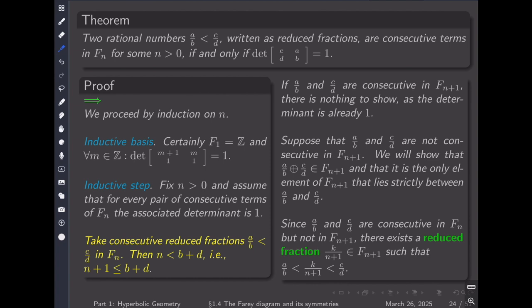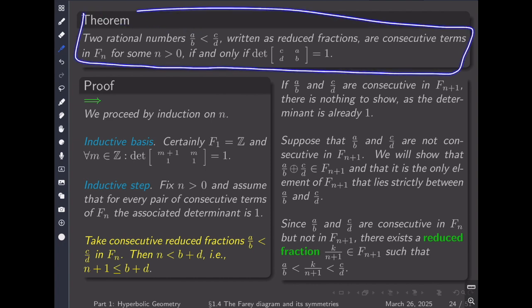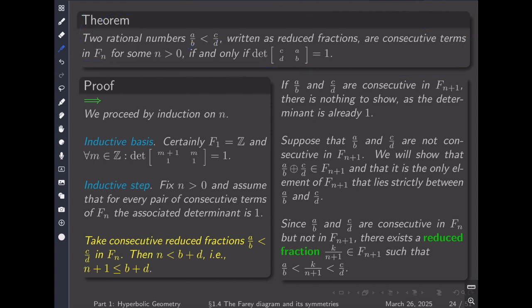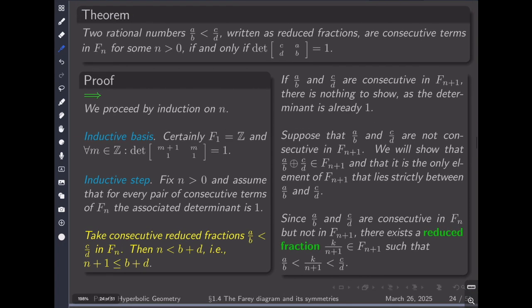But for that, one needs this theorem: if you give me two rational numbers, then they happen to be consecutive in some Farey sequence if and only if the determinant is equal to 1. And the proof is actually very similar in nature to what we have been doing.